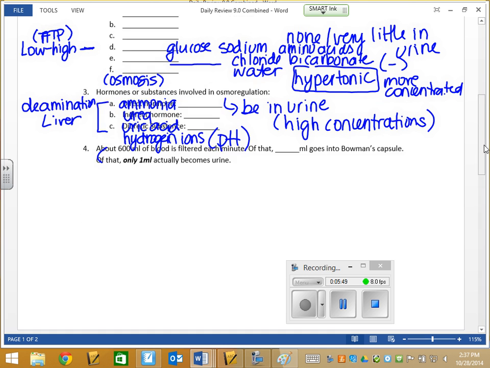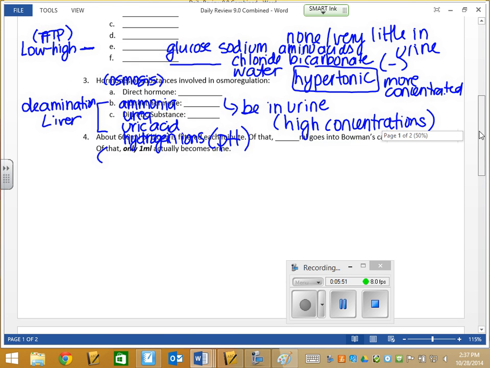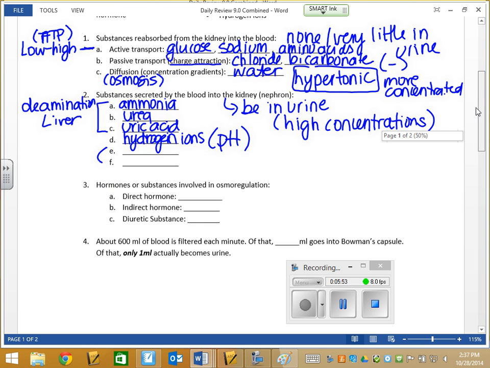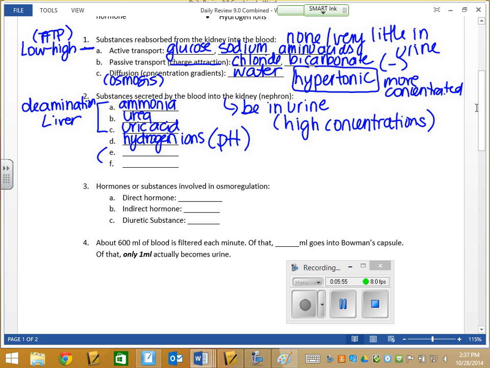So if I just move back down here, just like that, technically from this list, drugs and histamines go here. But in those two spots, I could put anything that is in excess. Anything that there's too much of in your body will secrete into your nephron so it can become part of your urine.